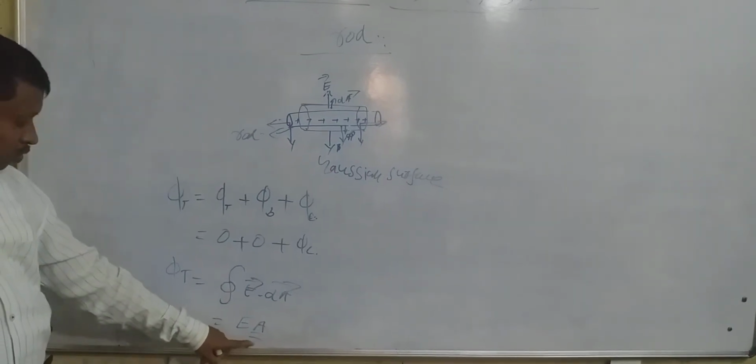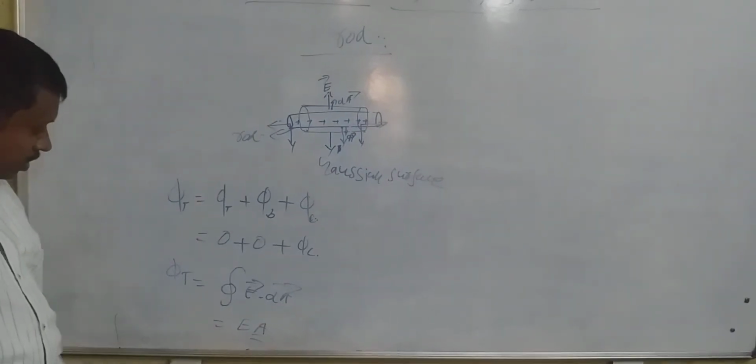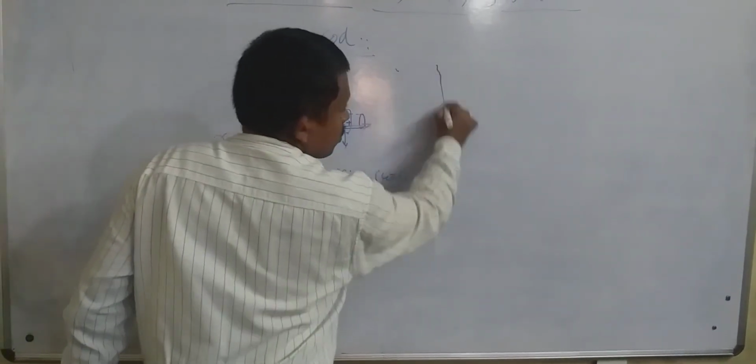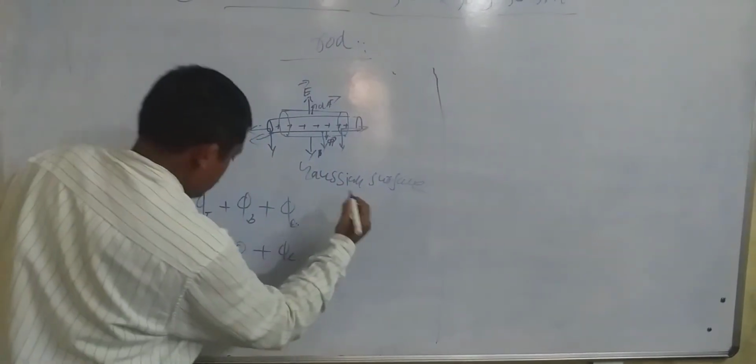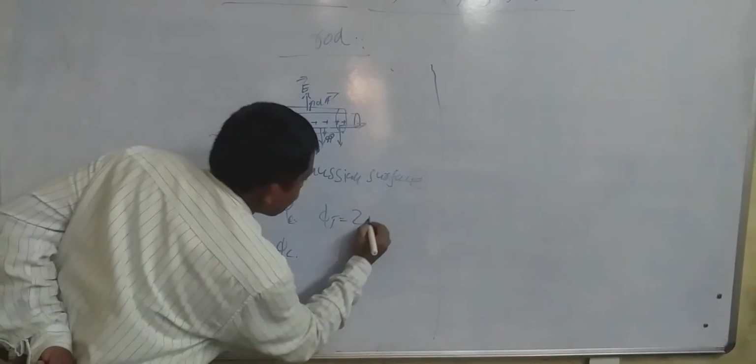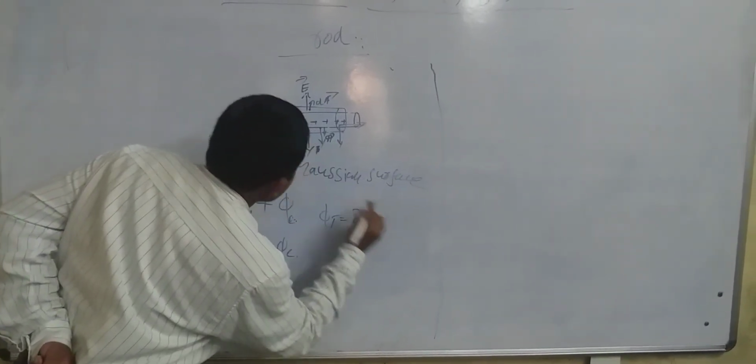We already know the formula: the curved surface area of the cylinder is 2 pi r L, where L is the length of the cylinder.